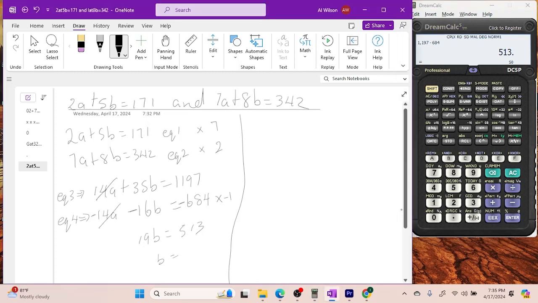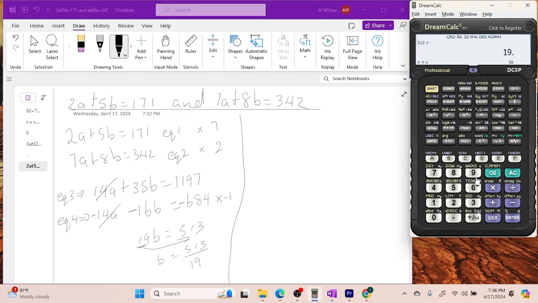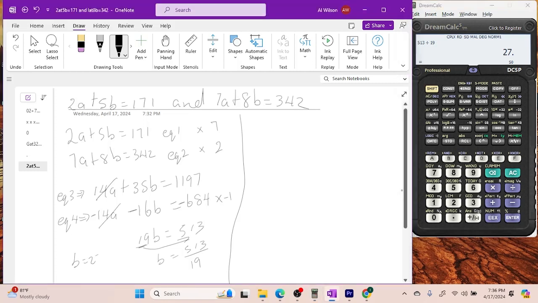So 19b is equal to 513. Remember again, multiplication here, so it's going to go over and divide. So 513 divided by 19 is equal to 27. So b is equal to 27.